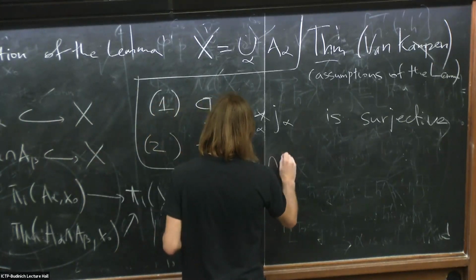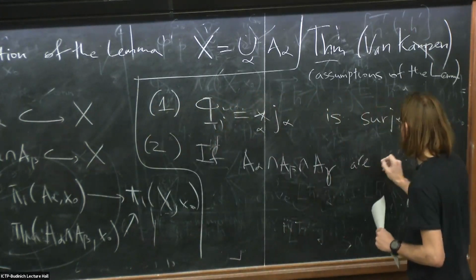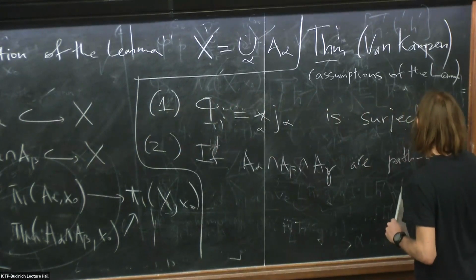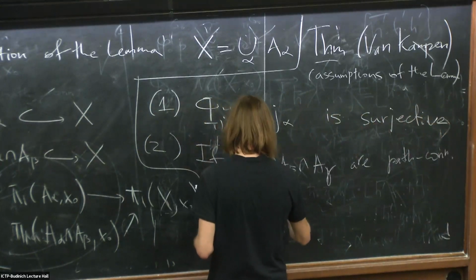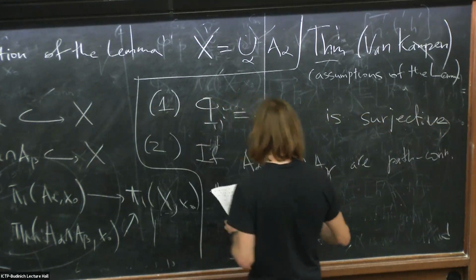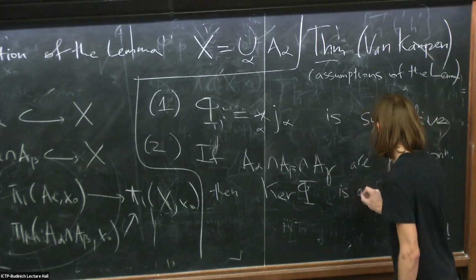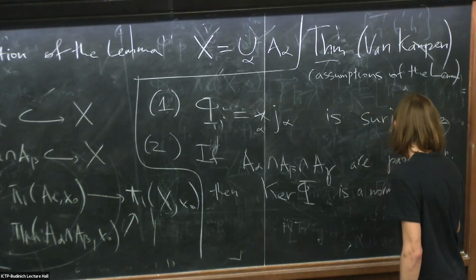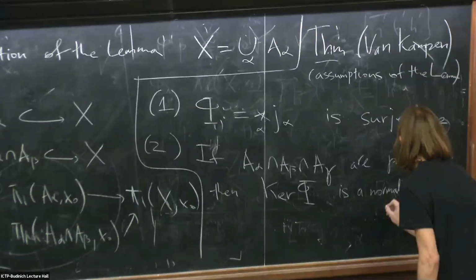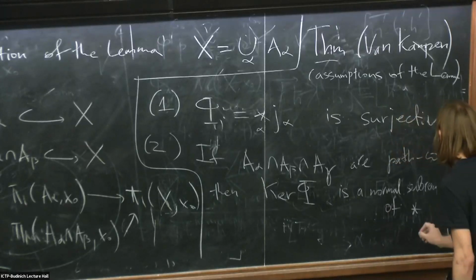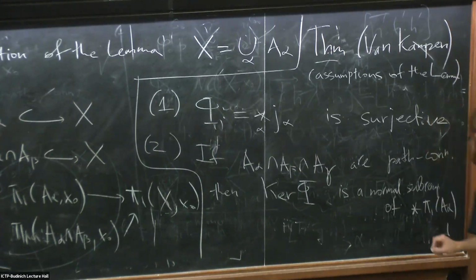And the second part is that if we impose the additional assumption that all triple intersections are path connected, then the kernel of phi is the normal subgroup of this free product of pi 1 of A alphas.